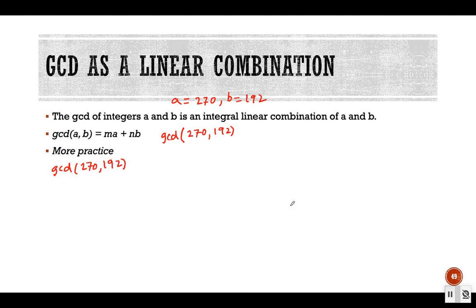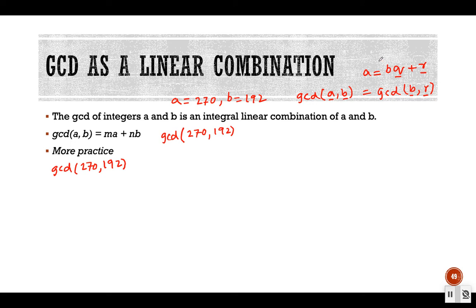If you don't remember the Euclid algorithm, I just want to remind you: the GCD of A and B is the same as the GCD of B and R, where we can represent A as BQ plus R. Q is the quotient and R is the remainder.